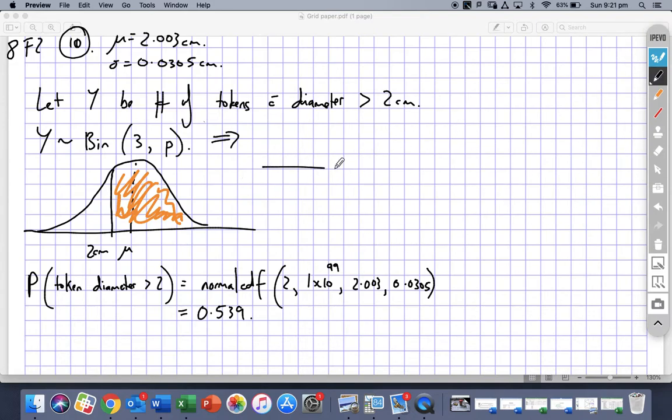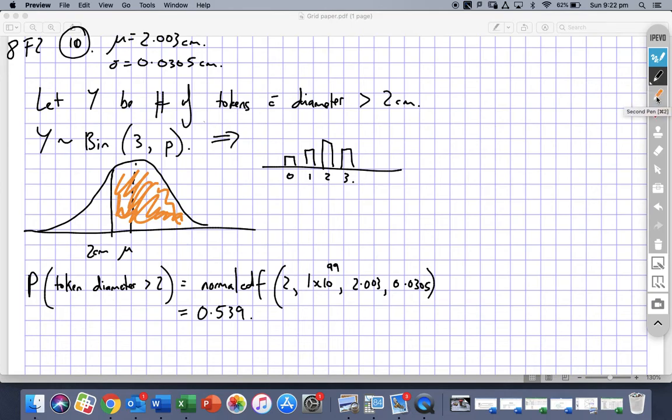Let's draw this again. A binomial distribution. We could have 0 tokens greater than 2 centimeters diameter. We could have 1 token. We could have 2 tokens. We could have 3 tokens. Right? And he needs all of them, right?